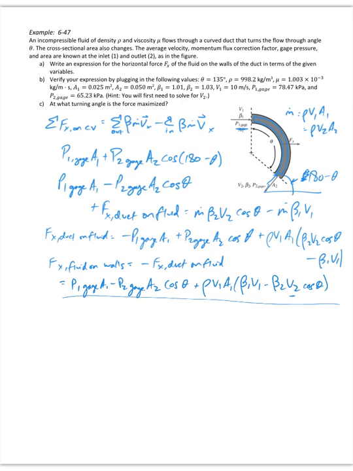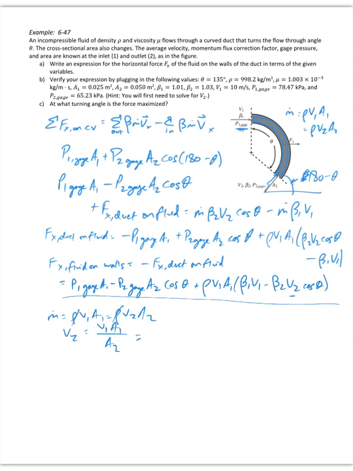I know from up here that m dot equals rho V1 A1, which equals rho V2 A2. So V2 is equal to V1 A1 over A2. And so now I just go through and solve.